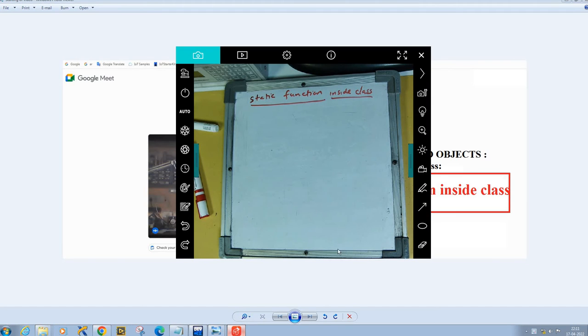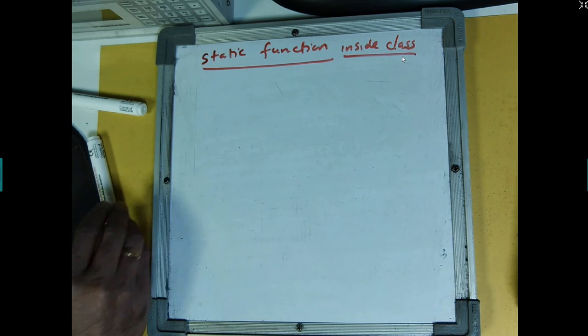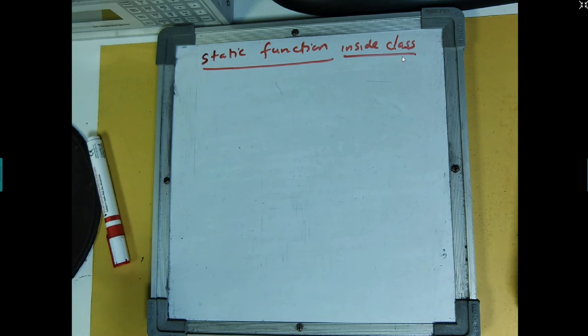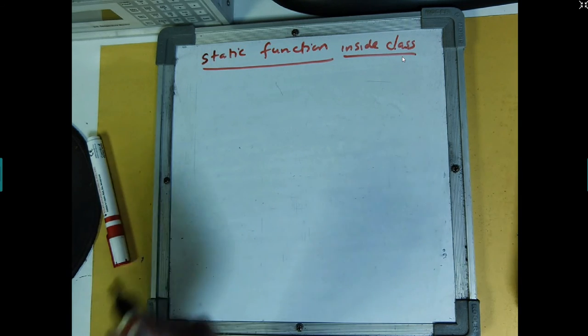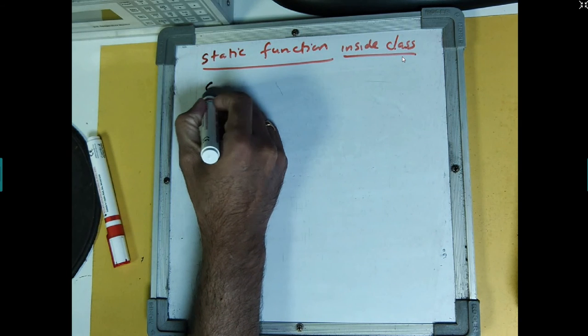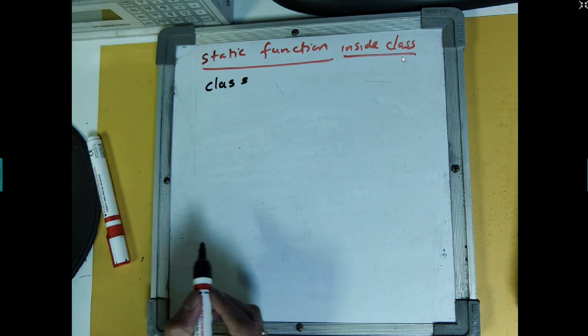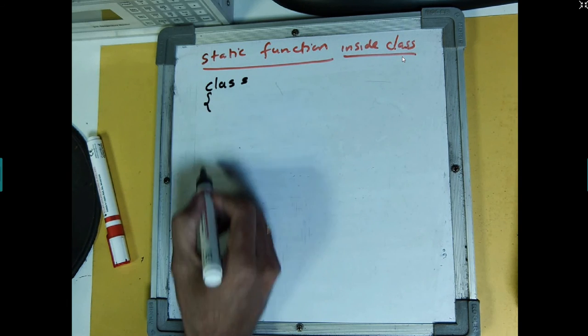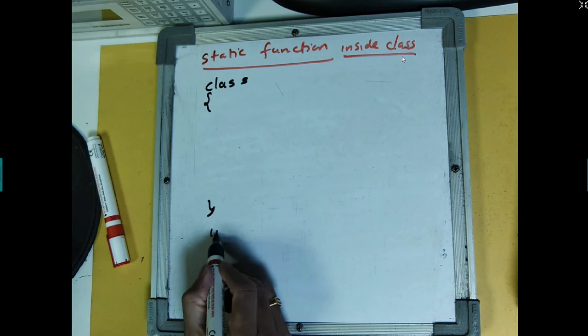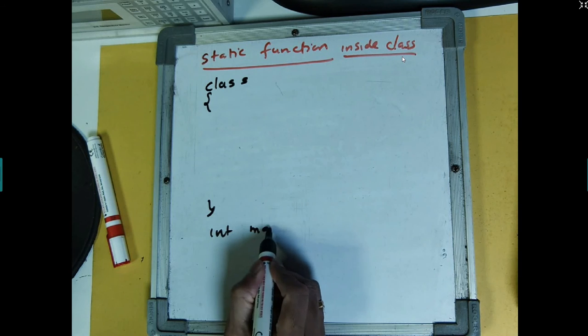Students, today we are going to discuss a new topic, a static function inside a class. Now let us come back to the very basic examples of a class and an integer main function.